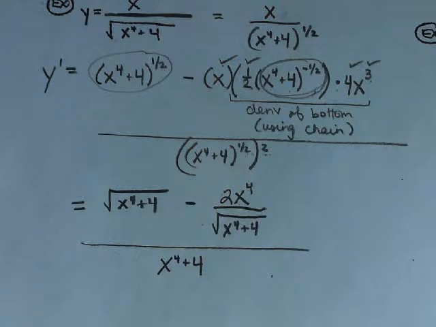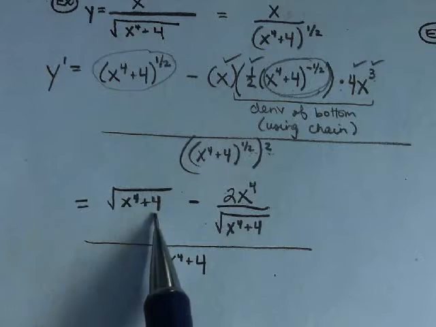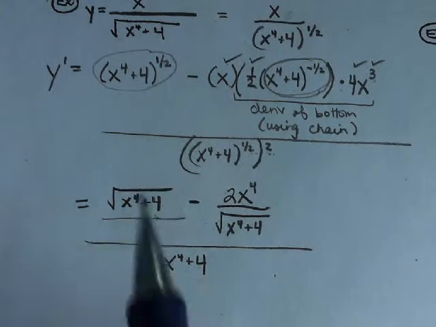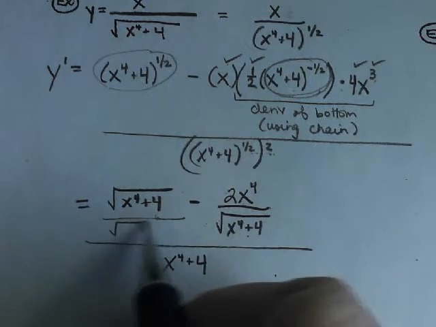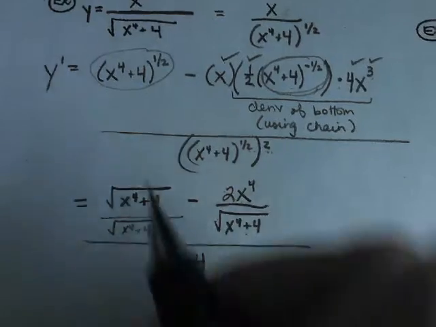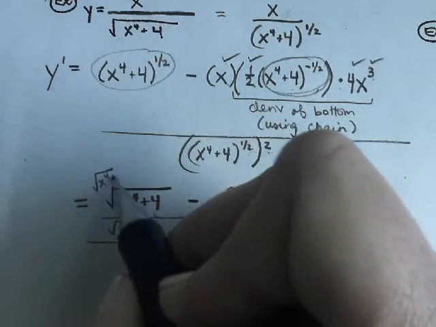So it's cleaner, but still we have complex fractions and we've got radicals in the denominator. So I'm going to get a common denominator up here by multiplying by root x to the 4th plus 4, which is going to work out nicely on my numerator here.